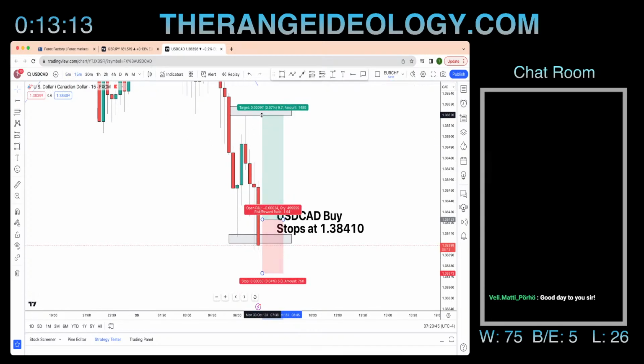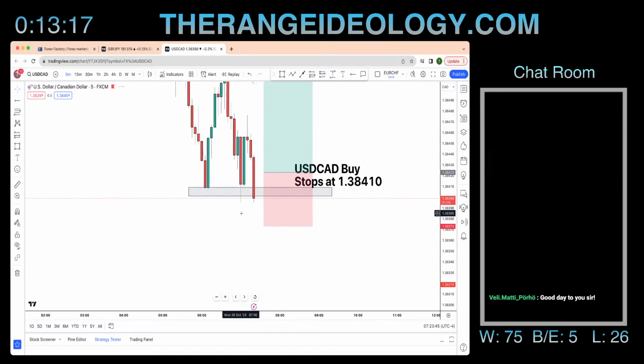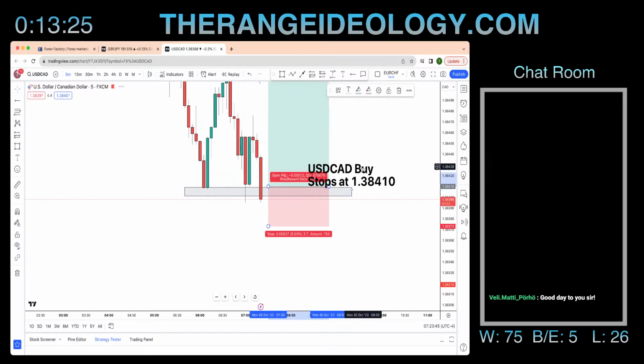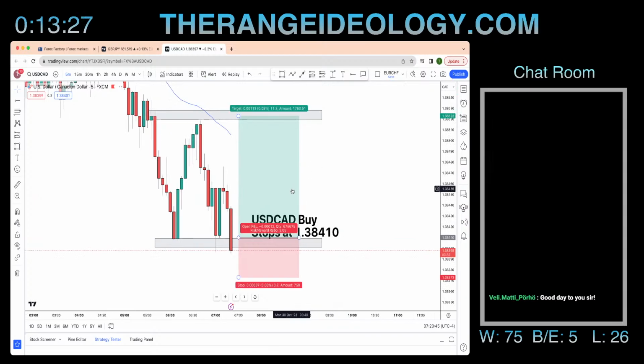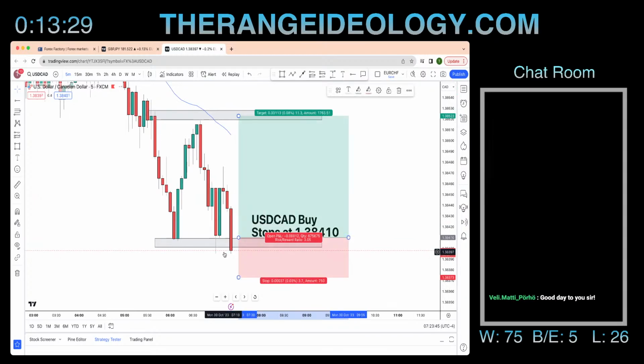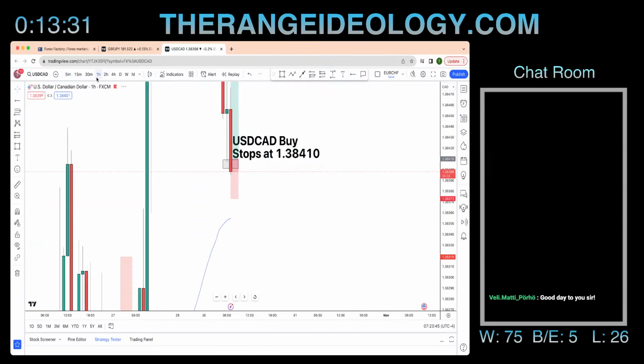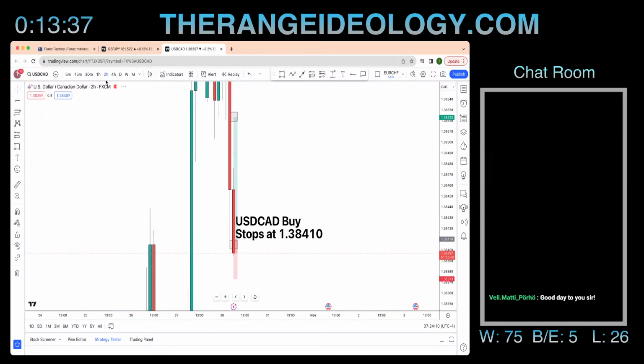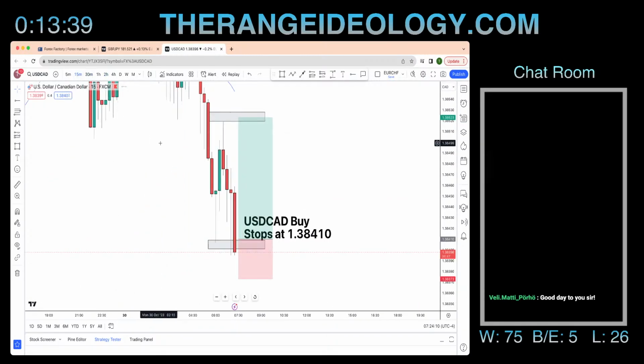Yeah, so 10 pips. I need a good push down here for USD CAD. If it continues to drag here, guys, the 1 hour EMA is right there. The 2 hour would be a little further away, right? But the 1 hour is right there.